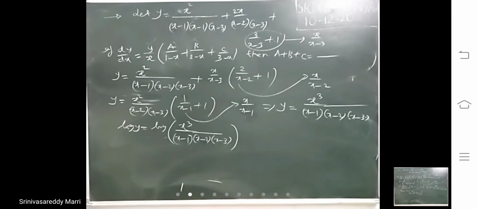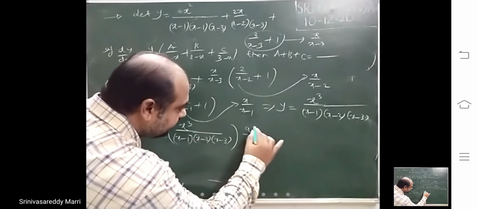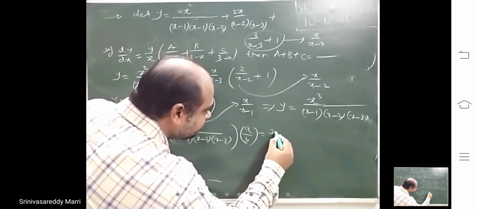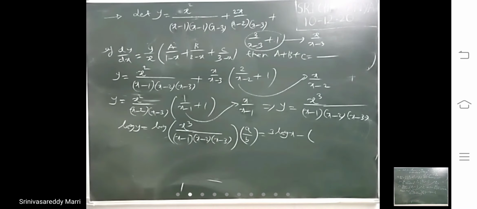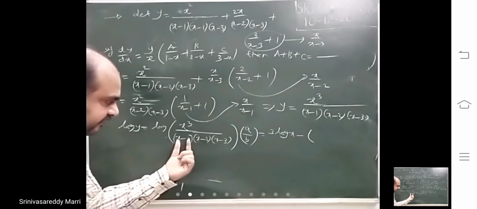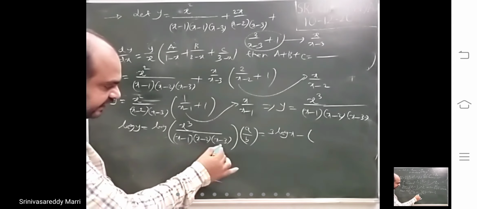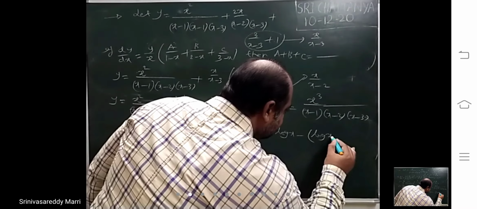Now you know this is log of a by b. That means log a. Log x cube is nothing but 3 log x, minus log b, means log of this continued product of 3. That means log of x into y into z is what? Log x plus log y plus log z.